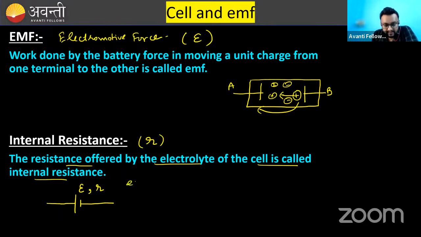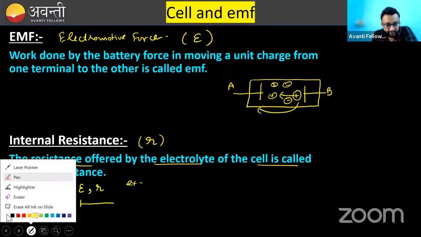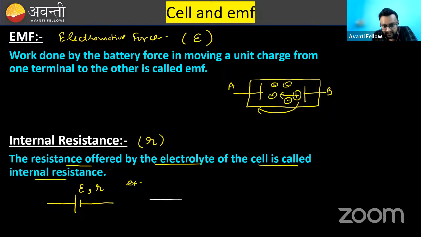Or for example, there is a cell with 4 volt, 1 ohm. So whenever you see something like that, you should understand that this 1 ohm is the internal resistance, and 4 volt is the EMF.